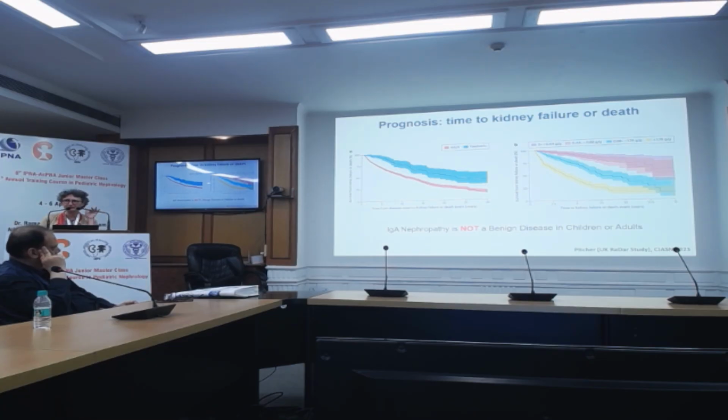This was driven home very strongly by this study, which was very important, because it showed that even in the higher echelon, which is 0 to 0.44 gram over gram, so a urinary protein to creatinine ratio, which really wouldn't raise any eyebrows, over 15 years your eGFR goes substantially down, and your risk of going into terminal kidney failure substantially increases. So we have to go to below 0.2 to be happy in our patients, especially because we're treating children who have decades and decades of life before them.